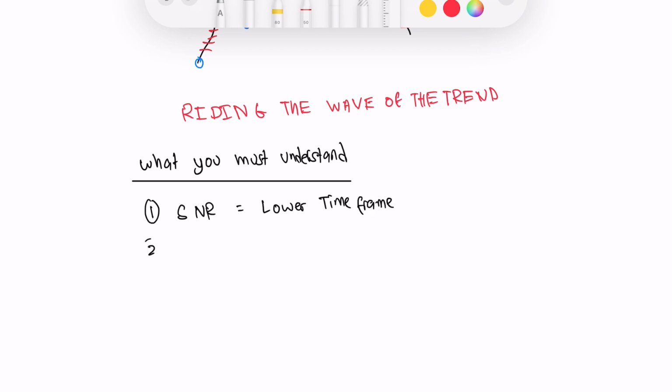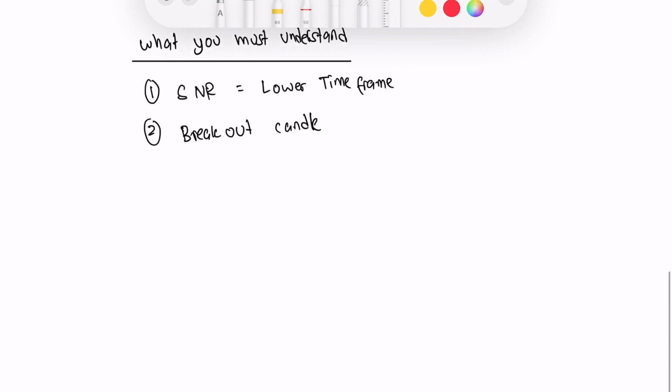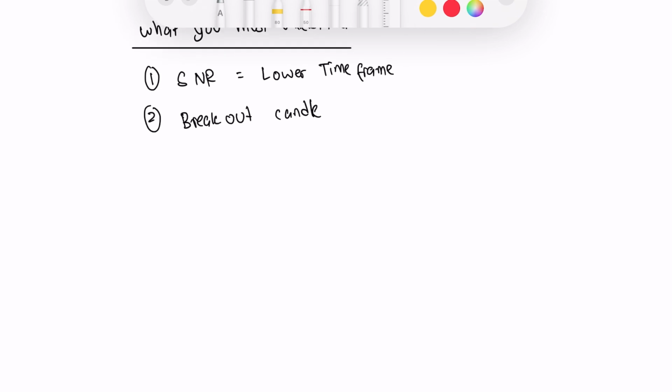Number two is what we call breakout. Okay, so let me give you a full breakdown in theory lah, before we jump on to TradingView and we have more in-depth example and explanation.